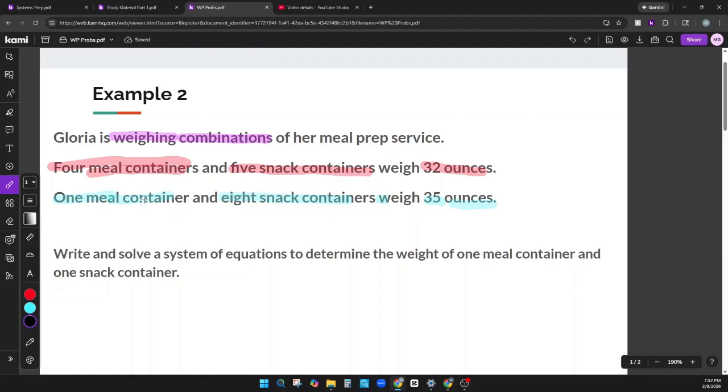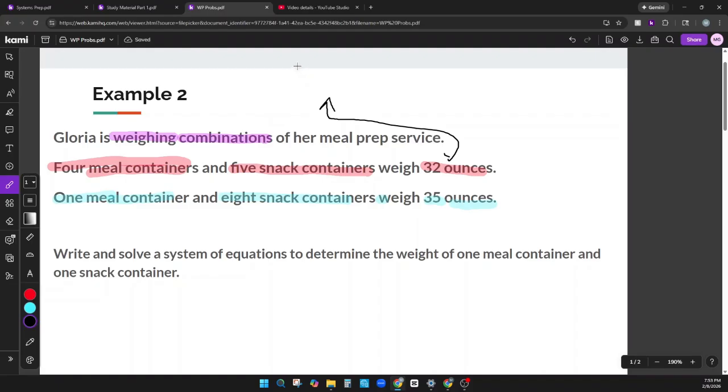So we should be able to make 2 equations out of these 2 sentences that give us information about the situation. If you're ever stuck and not really sure how to proceed, word problems really benefit from having a visual component. So I would absolutely just make an image for both of these. Let's look at our first sentence here.